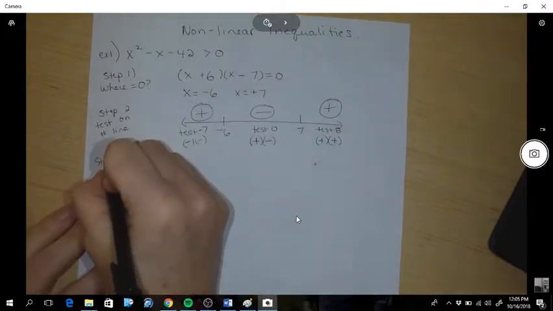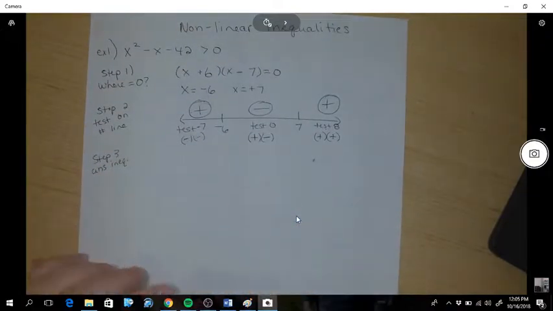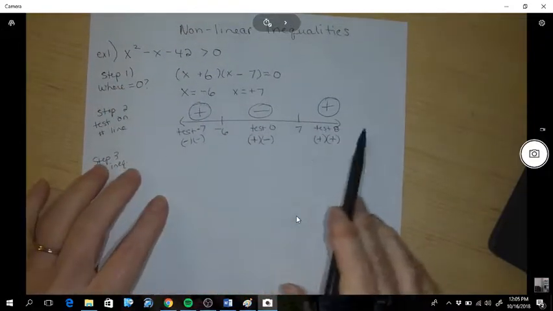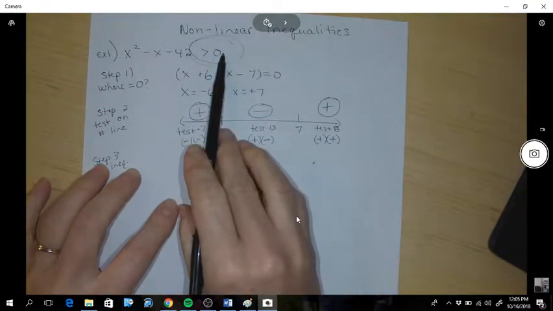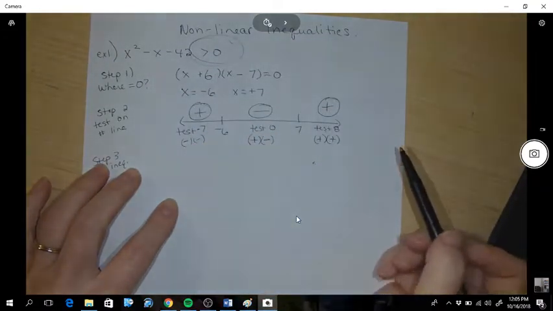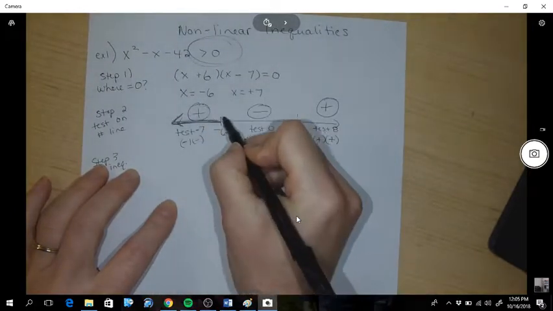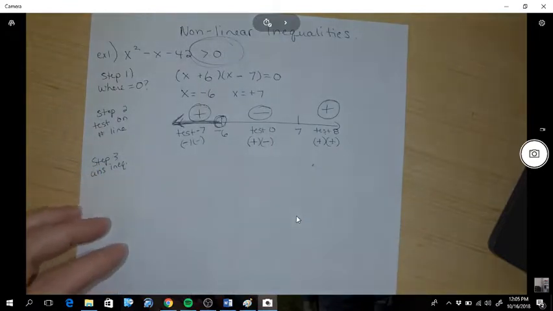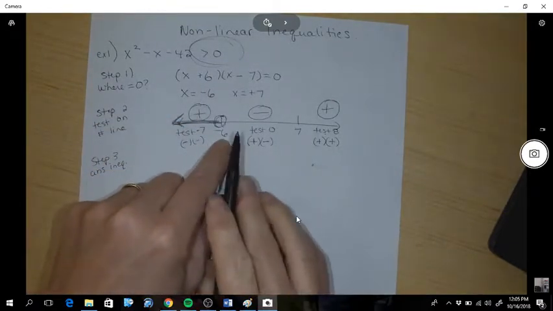Step 3. Answer your inequality. So where did this end up being greater than 0? So that's positive. So this region, I'm going to put an open dot here because remember that at negative 6 you're actually equal to 0.